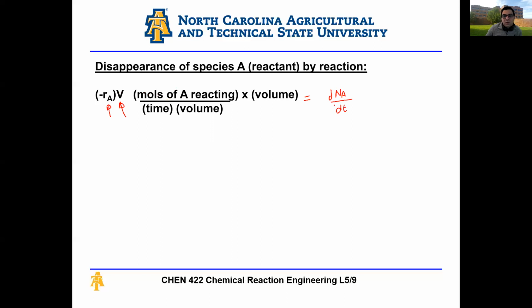It's from the first lecture, where we said minus rA is equal to 1 over V dNA by dt, or actually minus. So if I want to get the change in number of moles, I multiply rA by V, and this will be the rate of change of number of moles with time due to reaction.